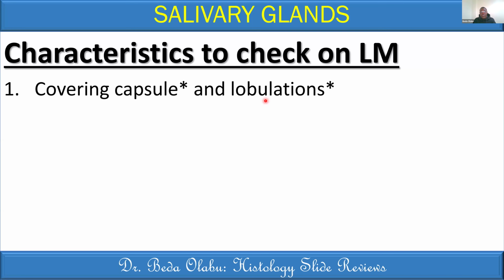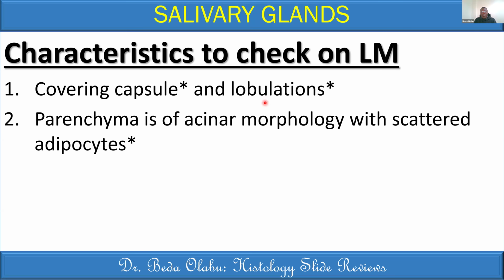So grossly, you will see that the gland is lobulated as well. These are features that you would rather pick at the lowest magnification possible on your microscope. The connective tissue elements, how it's covering the whole organ and how it's sending in septa to divide it into lobules. Then we focus on the parenchyma.